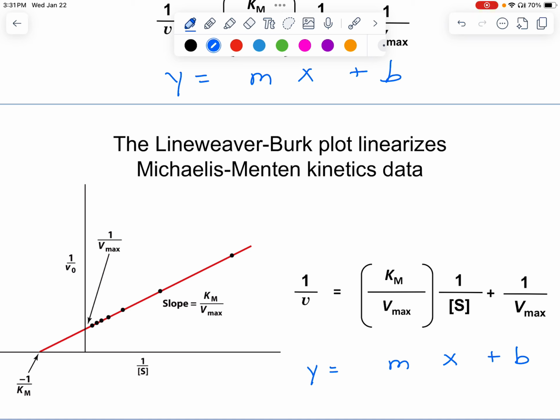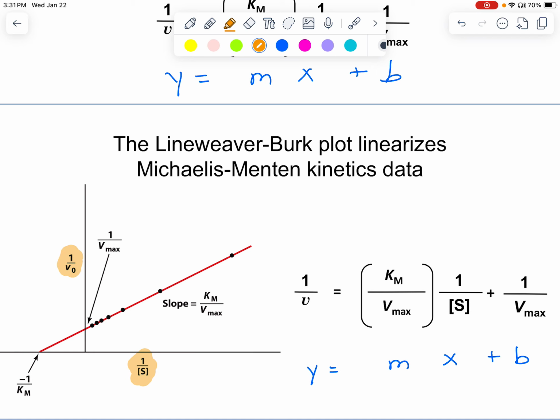If I'm going to graph, I'm going to graph on the y-axis, instead of velocity, 1 over the velocity value. And on the x-axis, instead of substrate concentration, 1 over substrate concentration. And I get a straight line graph.